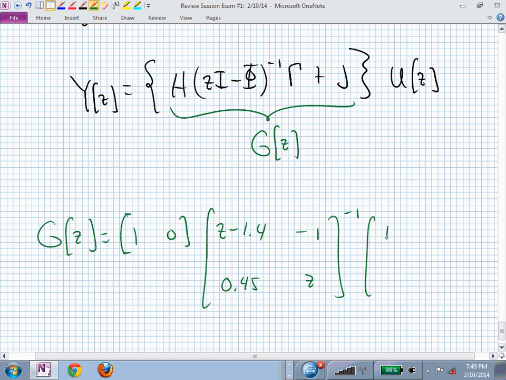My gamma was 1, 1, and my j was 0. Now I just have to symbolically invert a 2 by 2 matrix. But that's 1 over the determinant times the adjoint matrix, which is the cofactor matrix transposed.